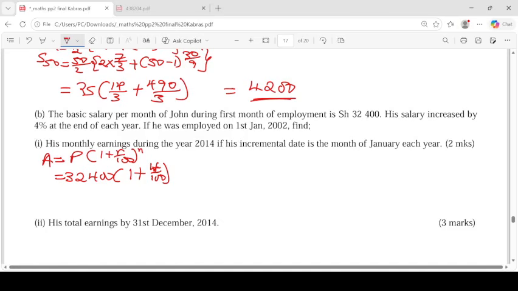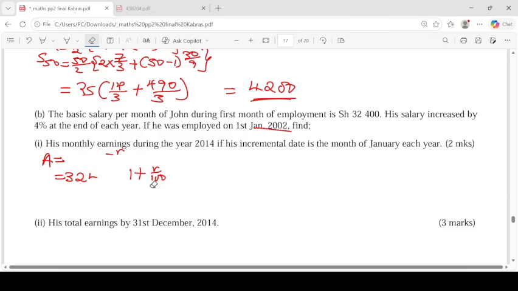So when you count from 1st January 2002 to 2014, how many years is that? Let me see. No, we cannot use this formula. We have the GP formula. This is a geometric progression.